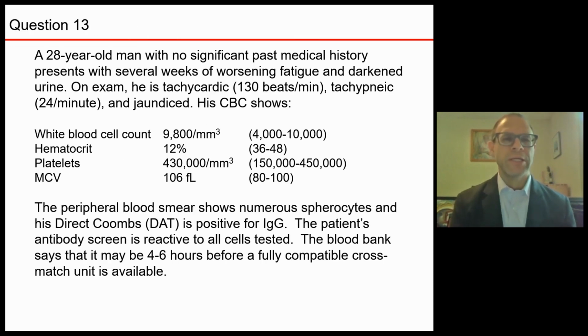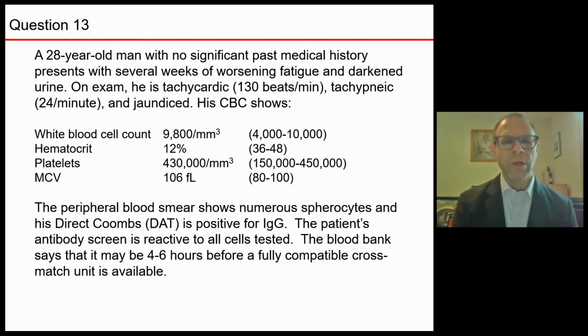The next question is a 28-year-old man with no medical history, coming in with worsening fatigue and dark urine. His heart rate is elevated at 130. He's tachypneic, 24 breaths per minute, and jaundiced. The white cells 9.8, hematocrit 12%, platelets 430, MCV 106.